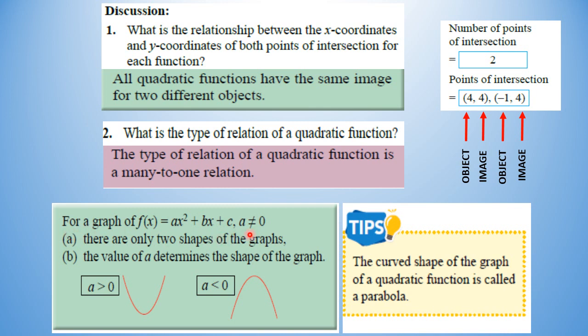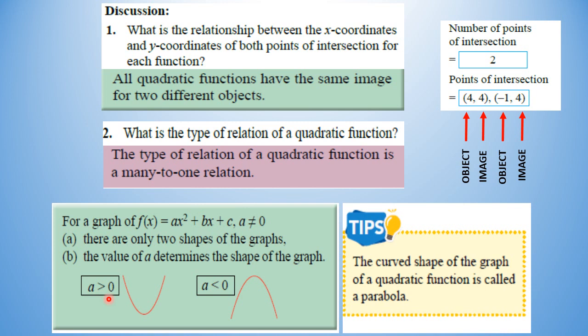Look at this part. For the graph of the function ax squared plus bx plus c, where a is not equal to 0, there are only two shapes of graph: U shape or N shape. So how do you know if this graph is N shape or this graph is U shape?